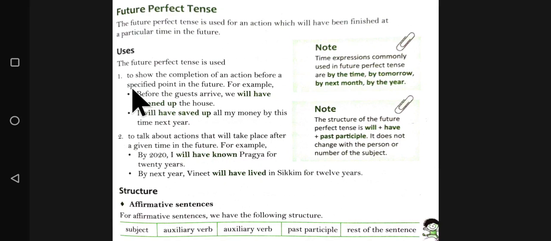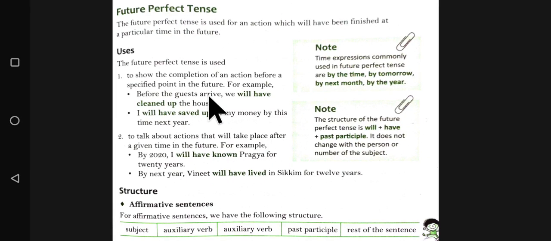For example, before the guests arrive, we will have cleaned up the house. This action of cleaning up the house will be completed in the future. Before what particular point? Before the arrival of the guests.